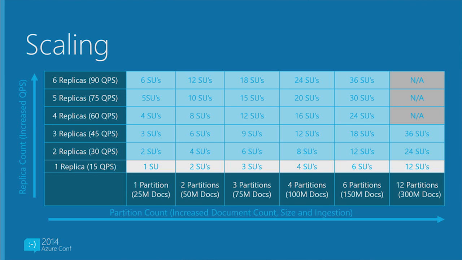And then you can also have up to 6 replicas. If you multiply those, you can have 90 queries per second on top of 300 million documents, which is pretty high if you think about it.